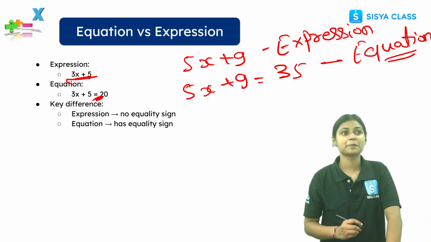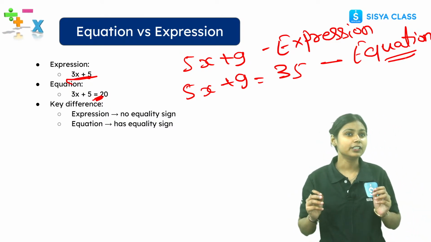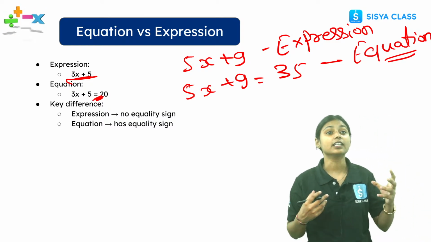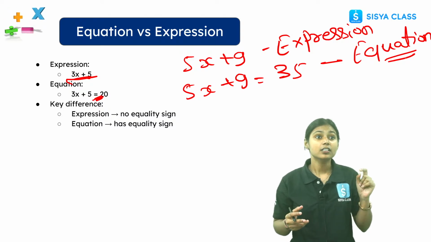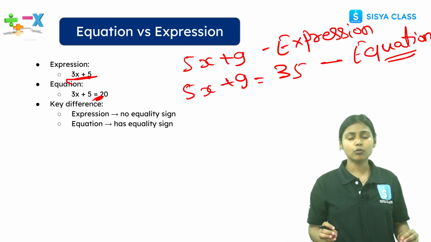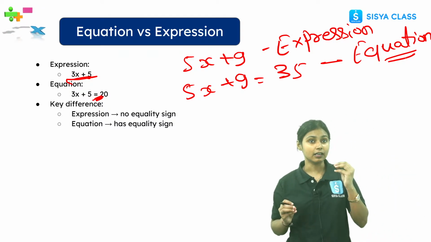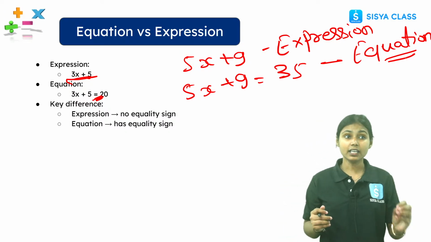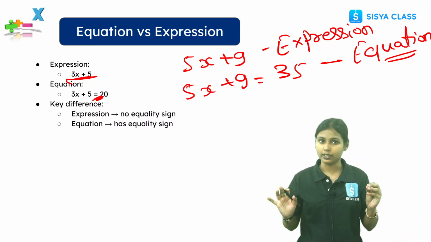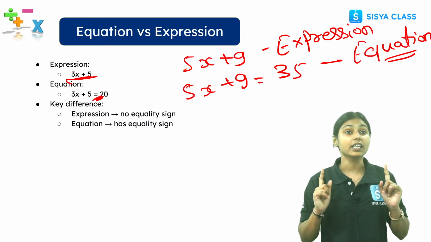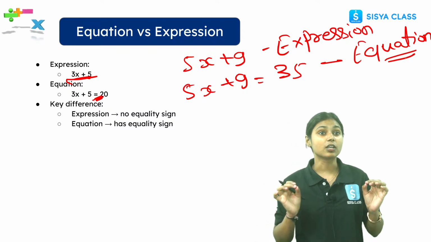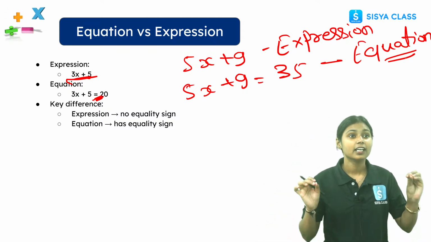Clear? So the most important difference is that an expression has no equality sign, but an equation has an equality sign. Clear everybody?